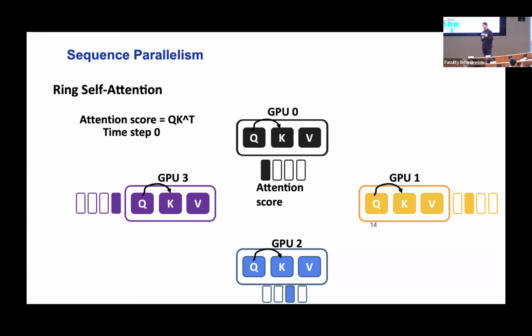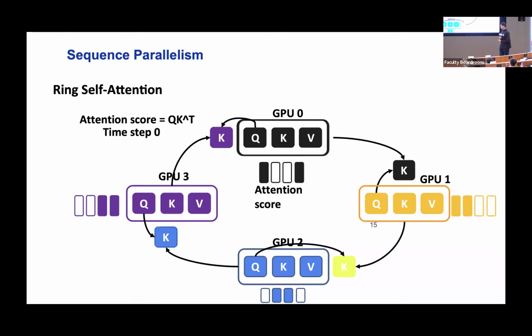We finish the first 1 million token-to-token computation. Then at every step, we send our keys to our right-hand side neighbor and get new keys from our left-hand side neighbor, and then do the local computation again.